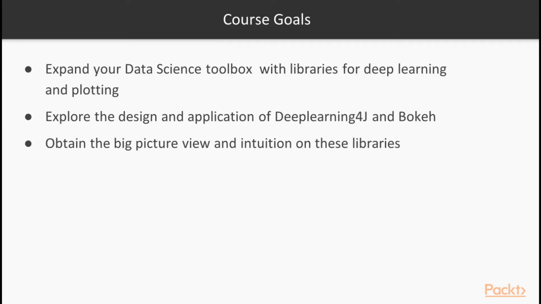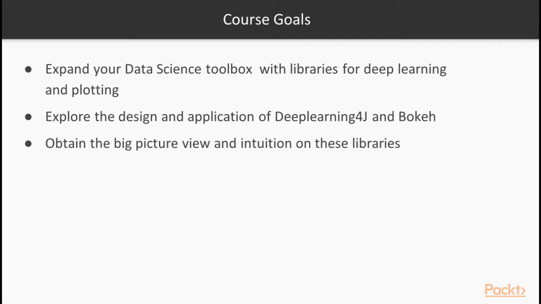The purpose of this course is to extend your data science toolbox. In the Spark for Data Analysis in Scala, we have covered a lot of techniques that taught you to make use of Spark for your data scientific tasks. But Spark is more of an engineering library.